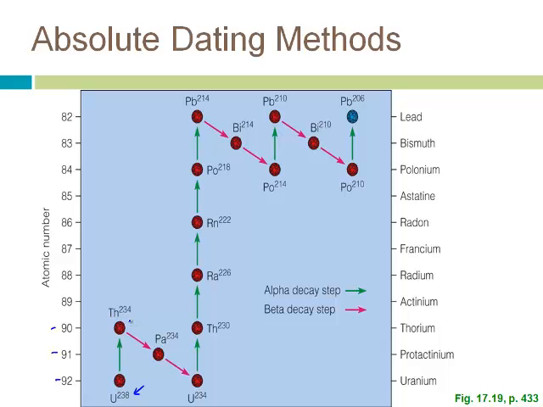And then you go through a beta decay, which adds the atomic number by 1, but doesn't change the mass. So we have protactinium, which is 234, and it was thorium-234 that we started with.